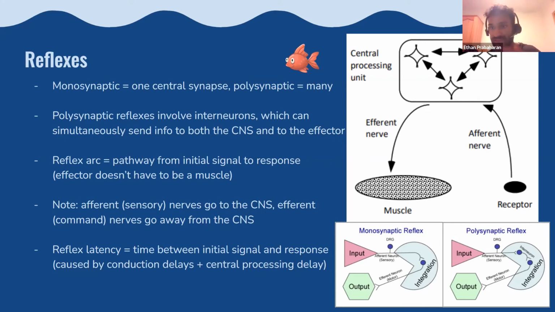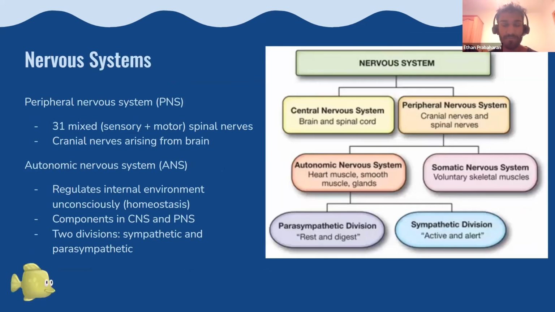It's caused by the time it takes to conduct the signals and process it all. Just a reiteration that afferent nerves go to the CNS, they're your sensory nerves, and efferent nerves, your motor nerves, go away from the CNS.